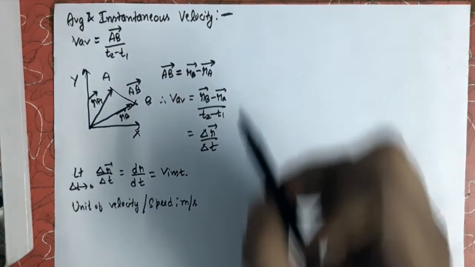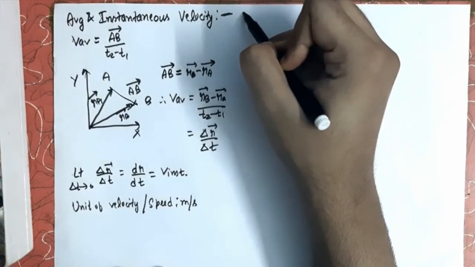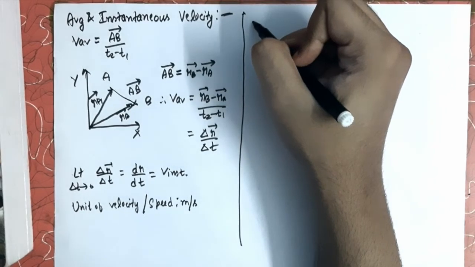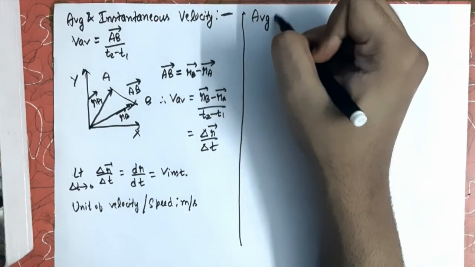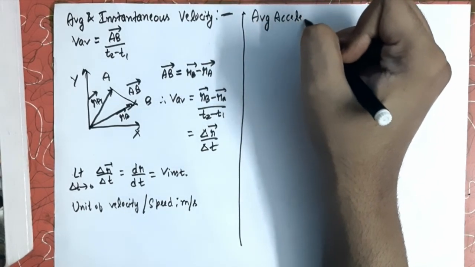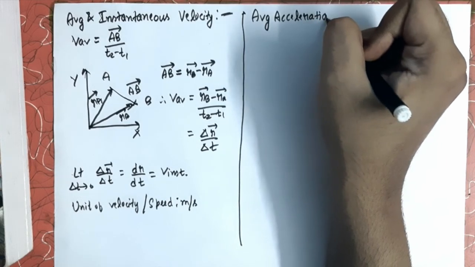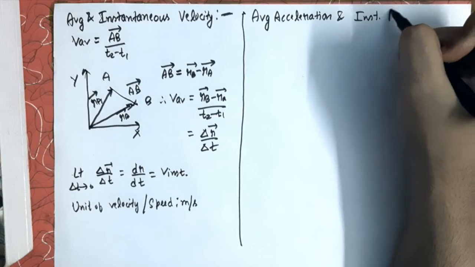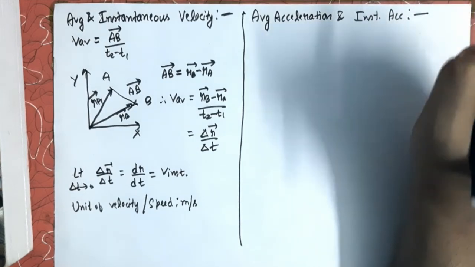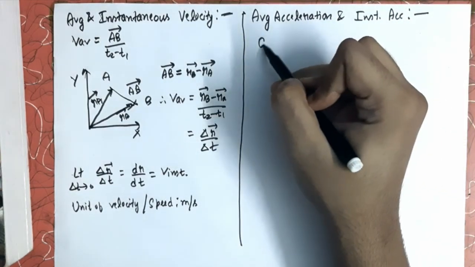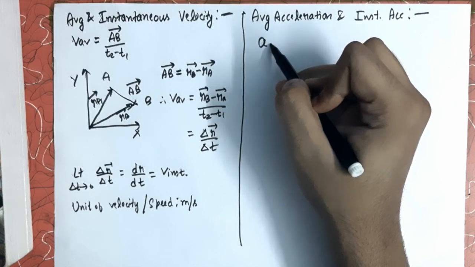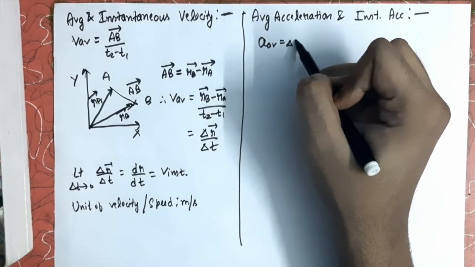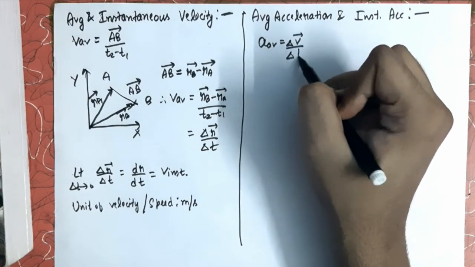Now we have another concept, acceleration. Here also we have the concept of average acceleration and instantaneous acceleration. It's the same thing as velocity, but for acceleration, a average is change in velocity by change in time.